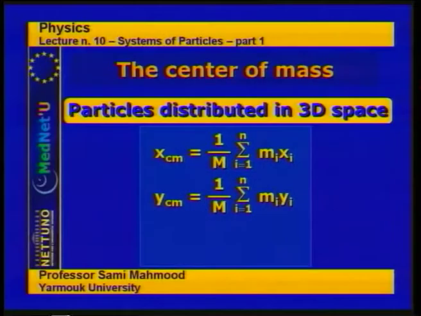Similarly, since in general we have a y component for the position of each particle, the summation of m sub i times y sub i, the y component of the position of the particle, divided by the total mass of the system, with the index i going from 1 to n, gives the y component of the center of mass, since we are adding only the y components of the positions of the particles.